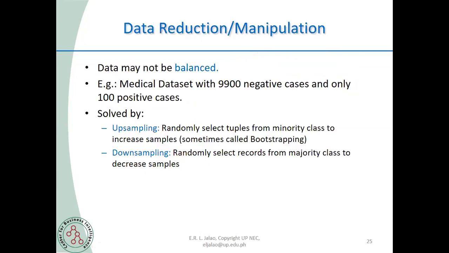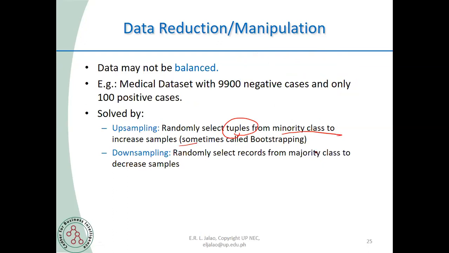Okay, so aggregation, we have data reduction. Data may not be balanced, so we need data reduction. Example, medical data sets with 9,900 negative cases and only 100 positive cases. Solved by upsampling, randomly select tuples. So random lang yung pagse-select from minority class to increase samples.